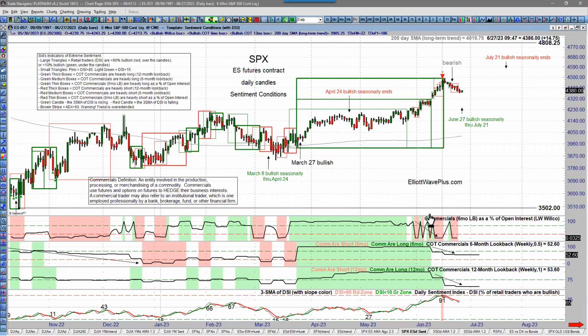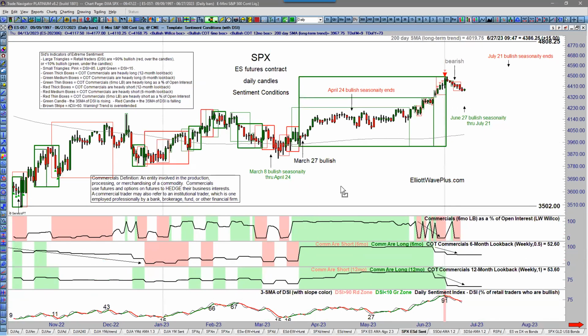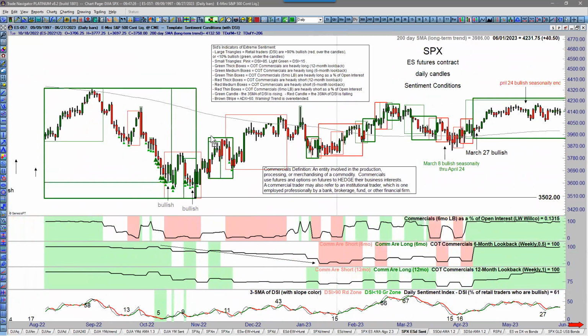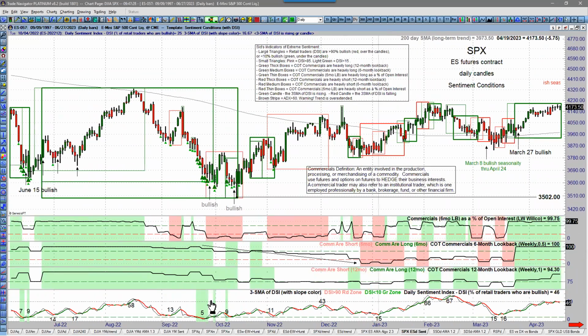What it does is compare the positioning of commercials to retail. And there is something called a perfect storm that can develop in sentiment. The last perfect storm we had, I call it a perfect storm, occurred as we moved down into that October low of last year.